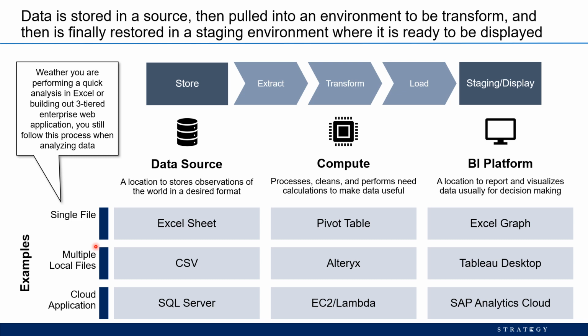So that client is constantly giving us CSV files, and we want to be able to perform the same analysis on those CSV files that the client is giving us, but we don't want to have to go through and manually do it in Excel. So what we might do is we'll have a location where the CSV files are sent. Then we'll hook that up to an Alteryx flow.